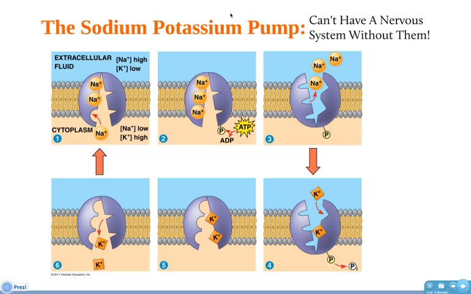While potassium, which is K+, concentration is low on the outside and high on the inside. This pump oscillates between two conformational states in a pumping cycle that translocates 3 sodium ions out of the cell for every 2 potassium ions pumped into the cell. So ATP powers the changes in conformation by phosphorylating the transport protein. That is, by transferring a phosphate group to the protein.